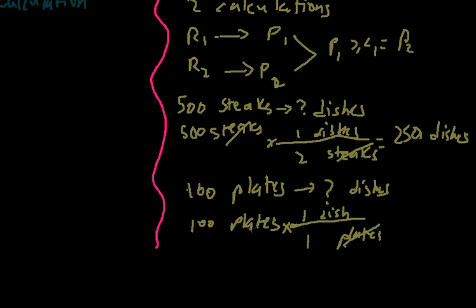When we cross these out and multiply, we have 100 dishes. Now, remember how I said it was counterintuitive? You have to look at the one that has less, not the one that produces more. So if we compare P1 to P2, we see that this one is greater, so plates is the limiting reactant.